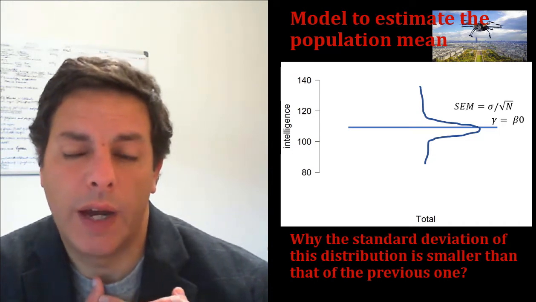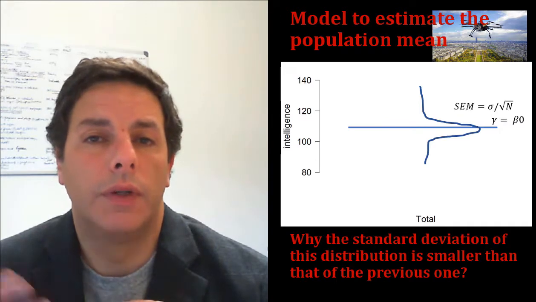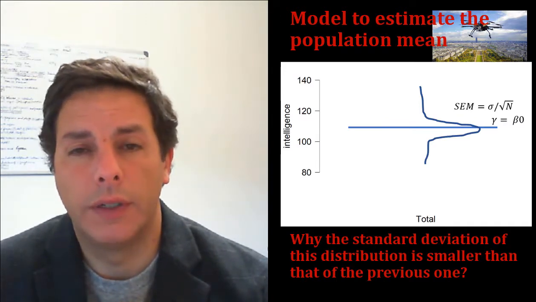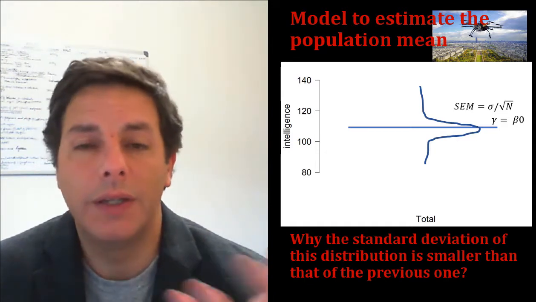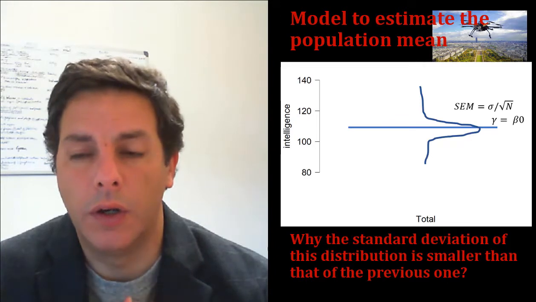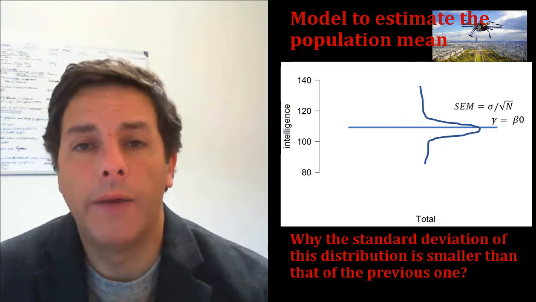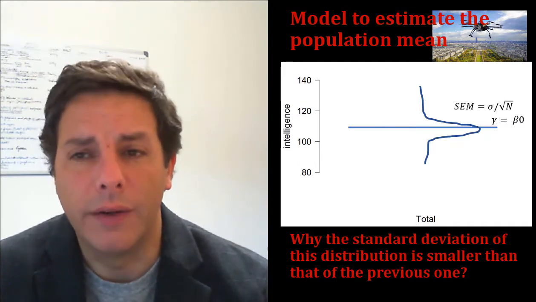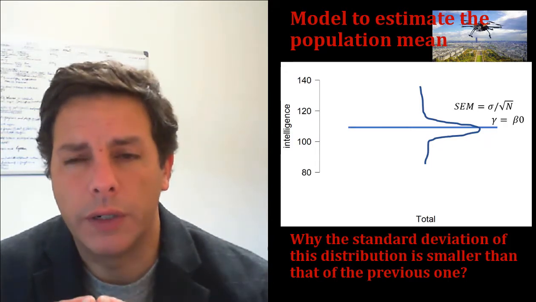If I have a sample of 30 participants, then the random sample that we are going to obtain has to have 30 observations, 30 values. And from that sample, we calculate the mean. And we repeat this process thousands of times.